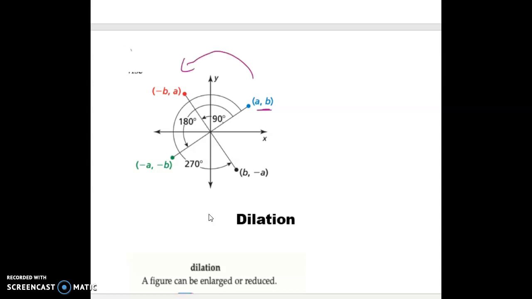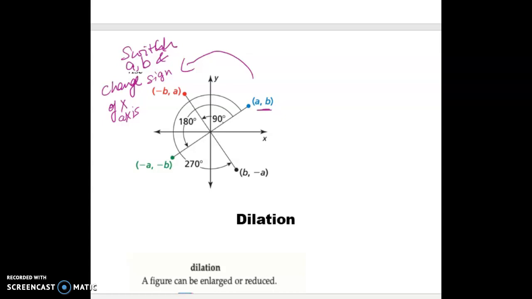So switch A and B and change the sign of the x-axis.